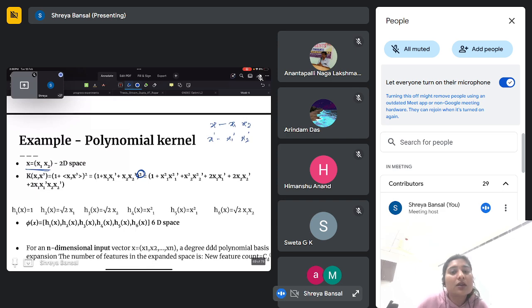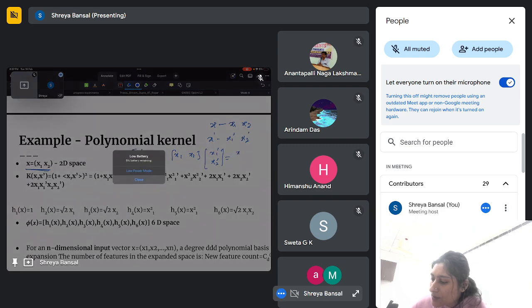How the inner product works depends on how you define the function. It can be x transpose x, which is what I generally use. So here also the inner product is x transpose x dash. If x transpose is written as x1 x2 and x dash is written as x1 prime x2 prime, then it is like x1.